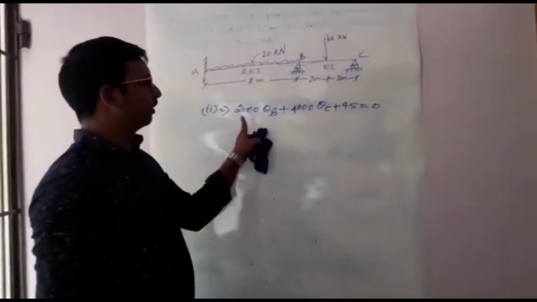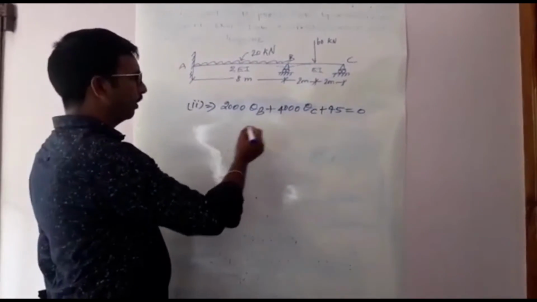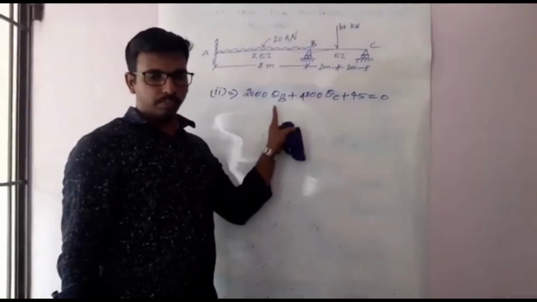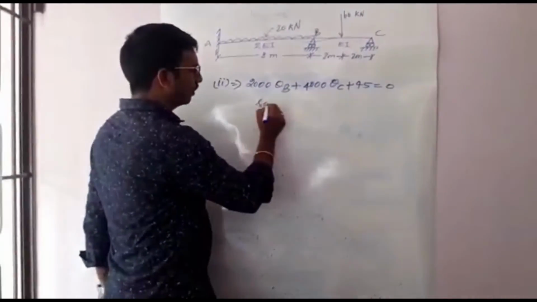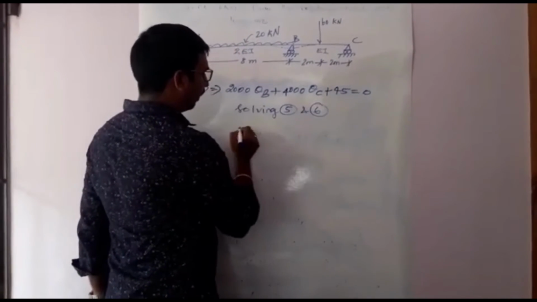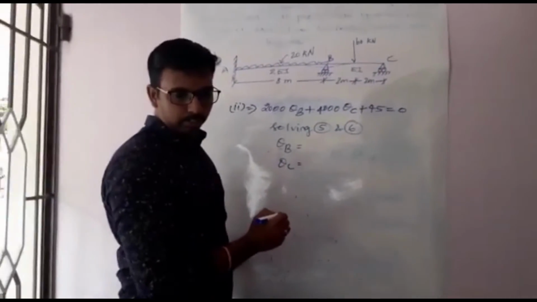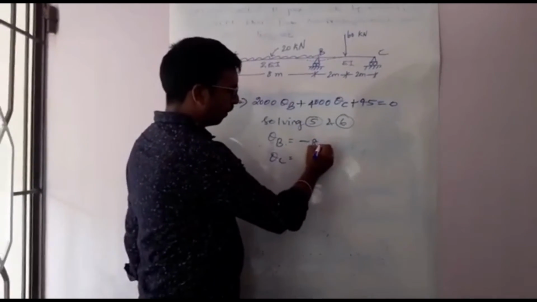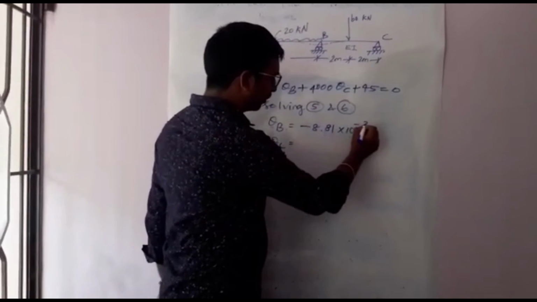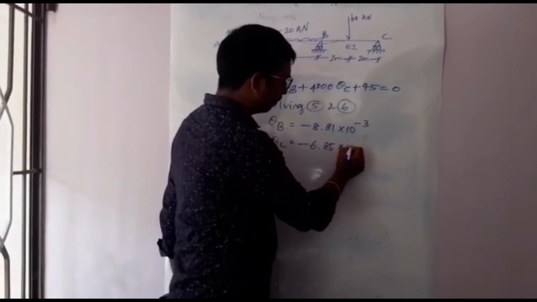This is MCB equal to 0. If you apply this, you will get two equations in terms of theta B and theta C. Solving 5 and 6, you will get the values of theta B and theta C. We got minus 8.81 into 10 power minus 3 and minus 6.85 into 10 power minus 3.